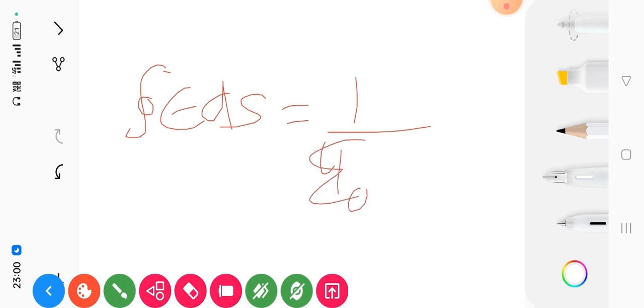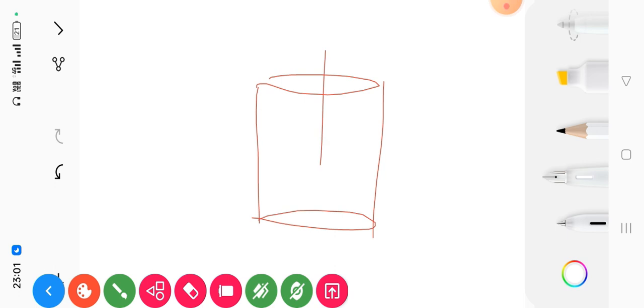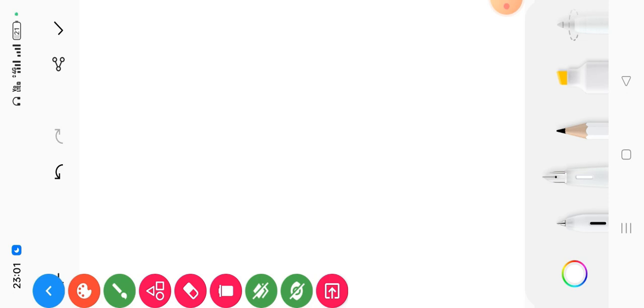Now let's do the electric field for this region. The electric field here is constant everywhere. So we can take E outside of the integration on the left hand side, because it's constant everywhere for all the surface.